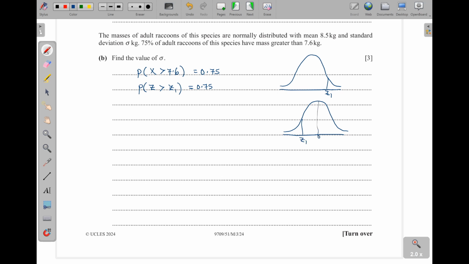Remember, this is 0 in the middle, okay? And then we are looking at greater than. So look at the right, this one here or this one here. Now, when you look at these two, which one do you think is the one that can correspond to 0.75? Remember, for any barrel-shaped curve, when you divide it into two, this one is 0.5 and also this other part is 0.5, okay?